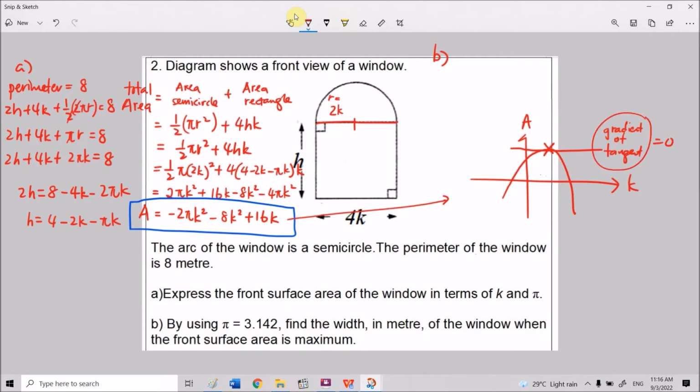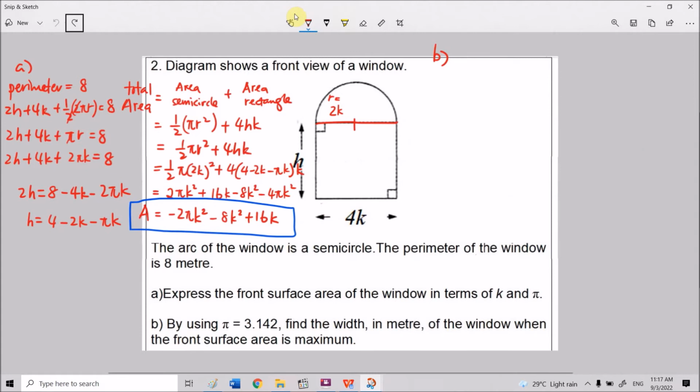And how do we find the gradient of the tangent for a graph of A against k here? It is by using dA/dk. We differentiate A with respect to k. So if we can find dA/dk and equate it to 0, we can use this to help us find the maximum surface area by finding the k value at this maximum point.